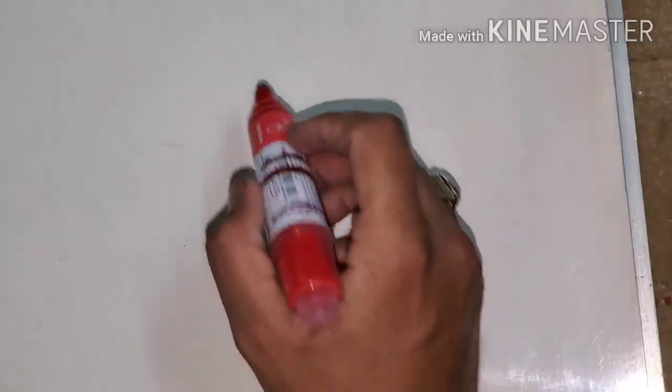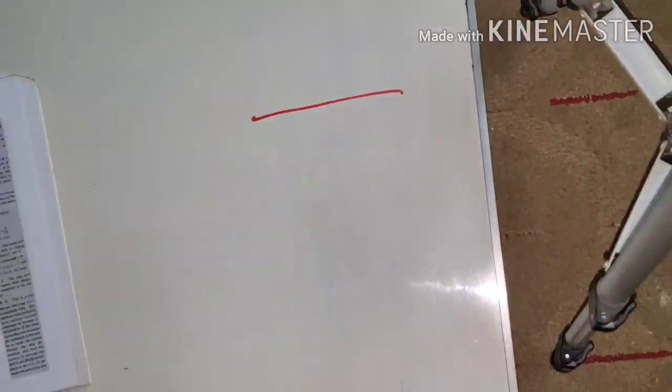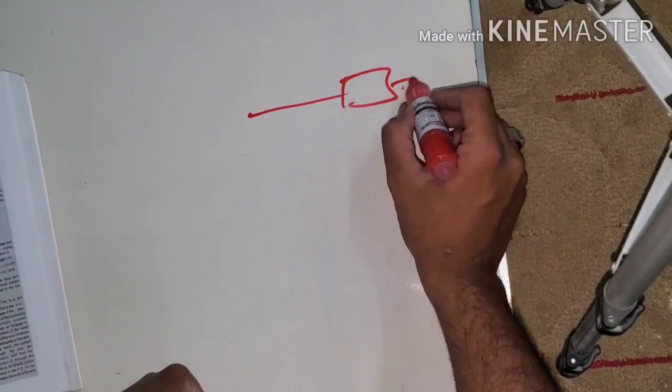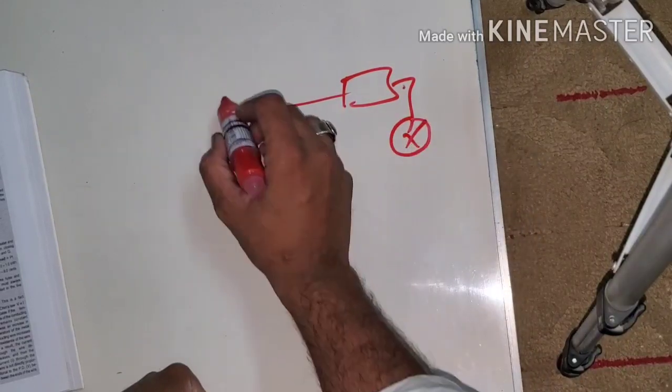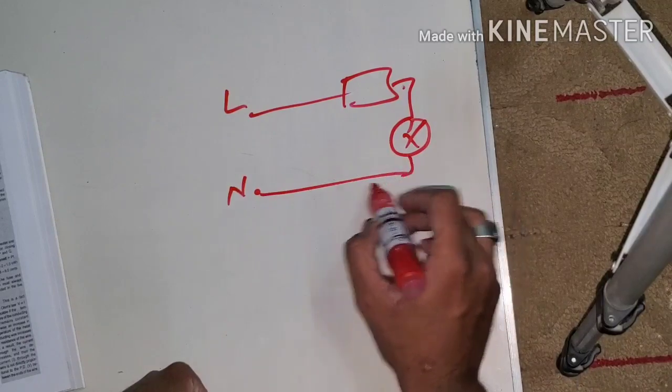The concept in all of these situations is this: this is the supply, the live wire, this is the device, and this is the neutral, which takes all the current back.